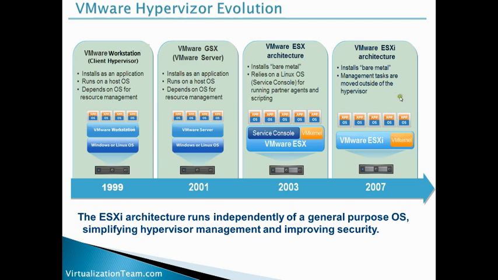That's what everybody is using for their production environment. For test and dev, a lot of people still use VMware Workstation. But when it comes to production, VMware ESXi is what's being used and what we're going to focus on in this training. It's important to always remember that it's a bare metal hypervisor. You don't install any operating system below it. You just install it directly on the hardware itself.